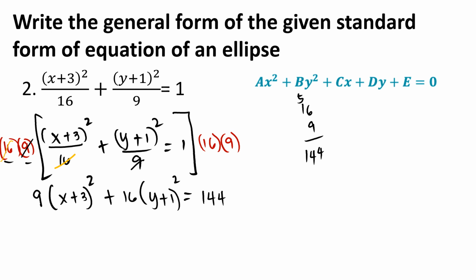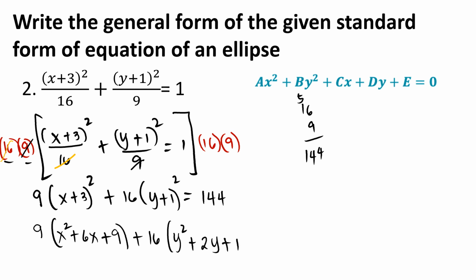Okay, so far, we are going to expand the binomial (x + 3) and the (y + 1). And then we will be multiplying the 9 and 16 to the expanded form. So we have x² plus 3x times 2 will be 6x plus the square of 3 will be 9, and then plus 16, then we square y, then 1y times 2 will be 2y, and then the square of 1 is 1, is equal to 144.